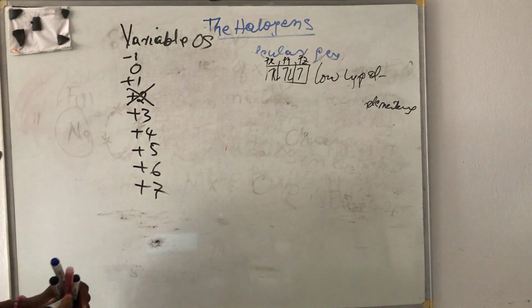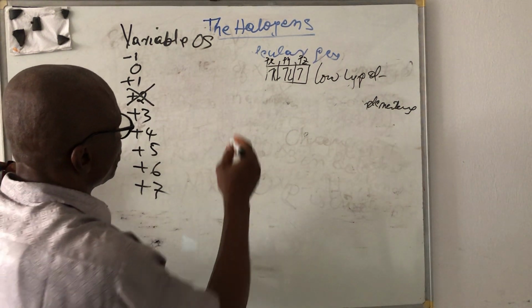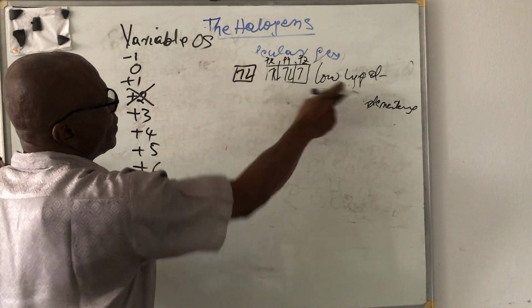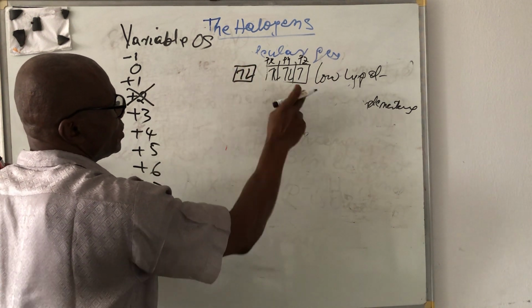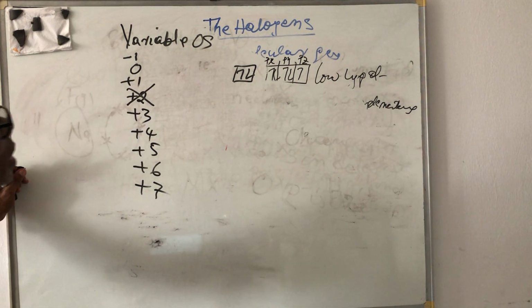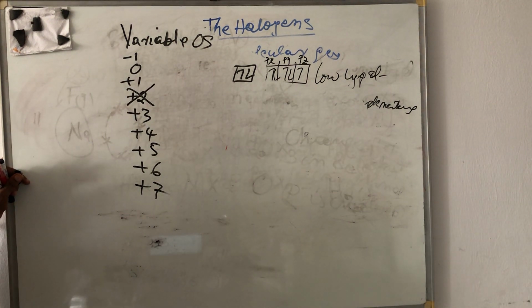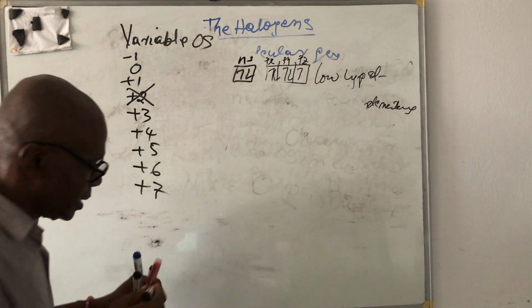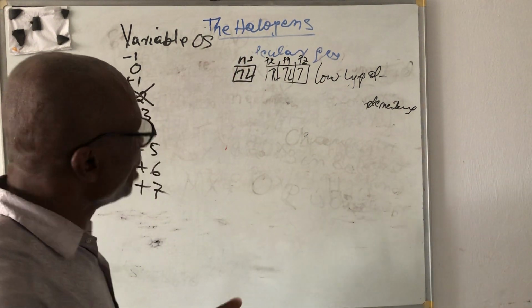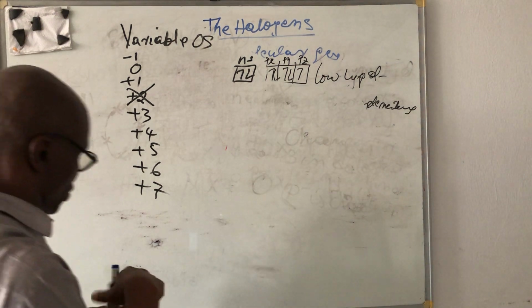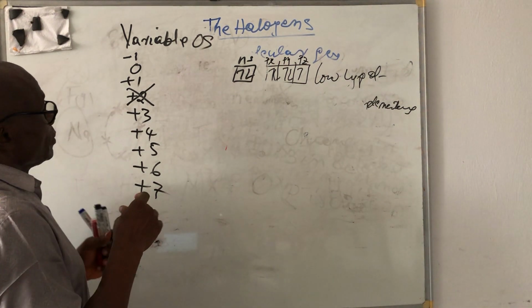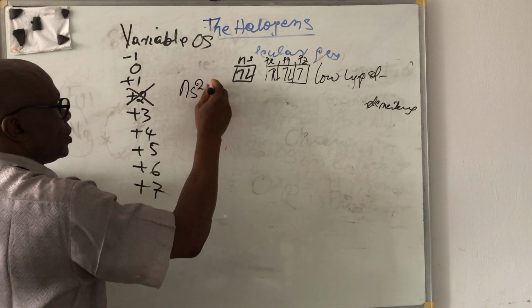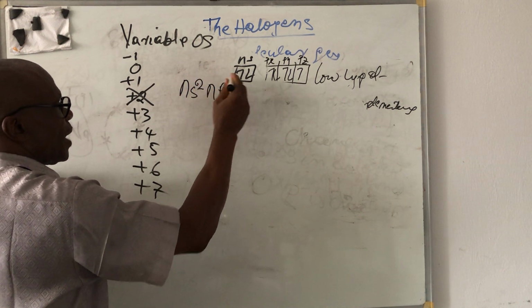That is to say that it is possible for a halogen to give away all the seven valence electrons. Agree, this is NS. As we have stated earlier, they show the generalized electronic configuration of ns2np5.